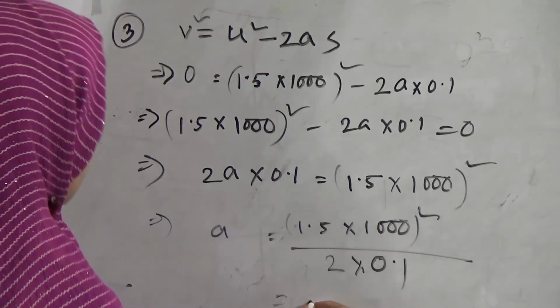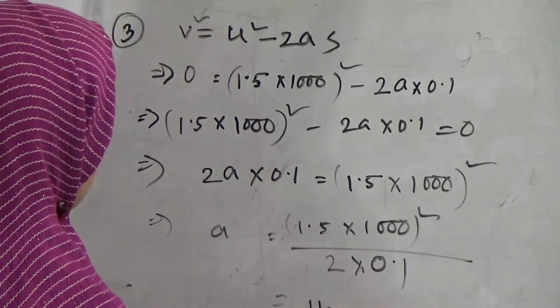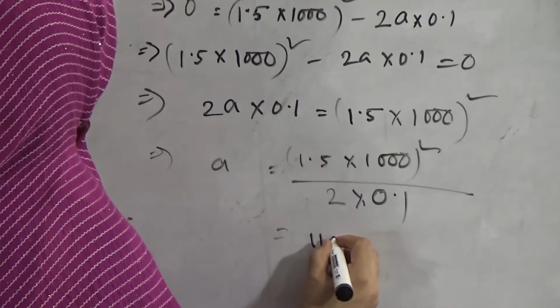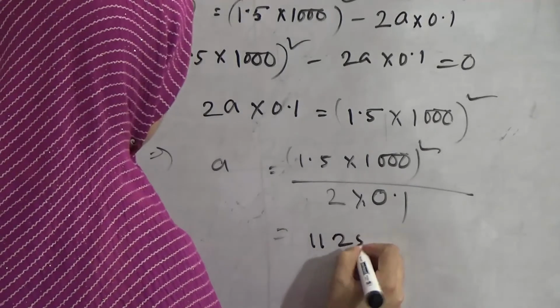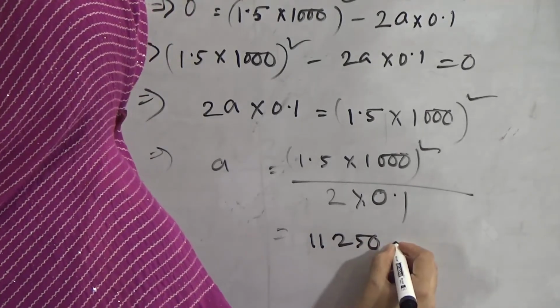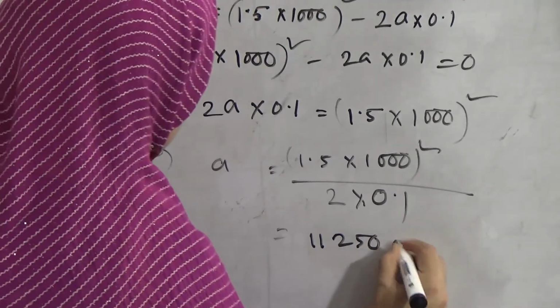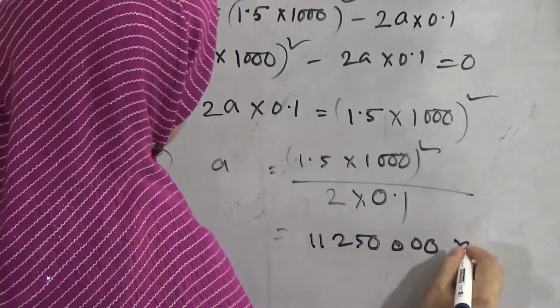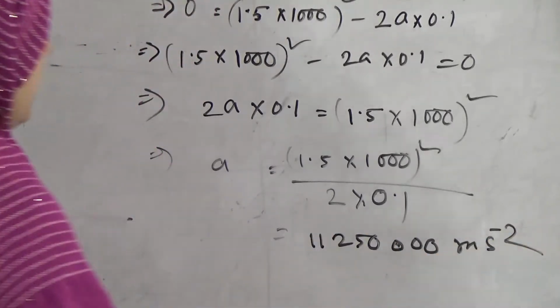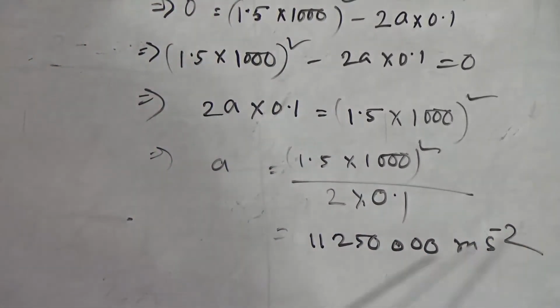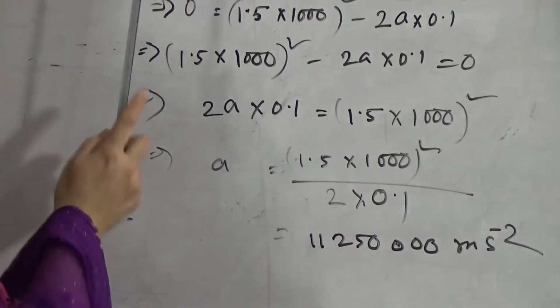By calculating we will find 11,250,000 meter per second square, and this is our deceleration. This is the answer.